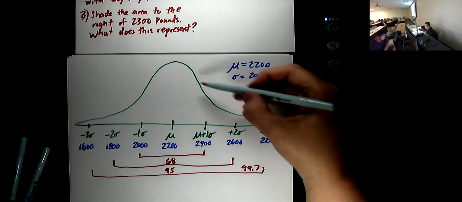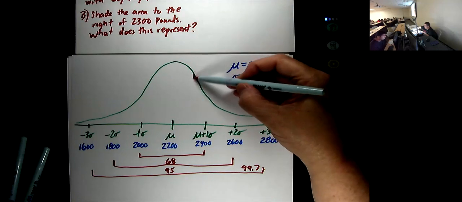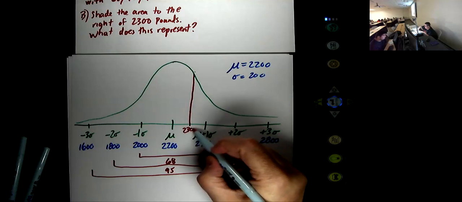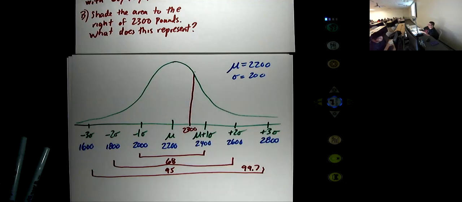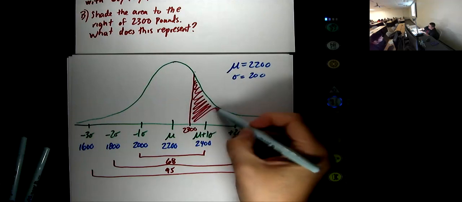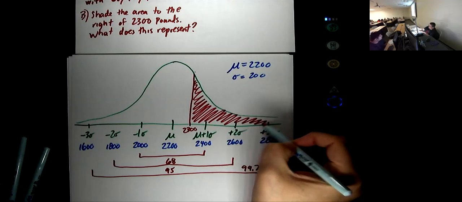Now they want us to shade the area to the right of 2300. 2300 is about halfway between 2200 and 2400. And we're going to shade over here.